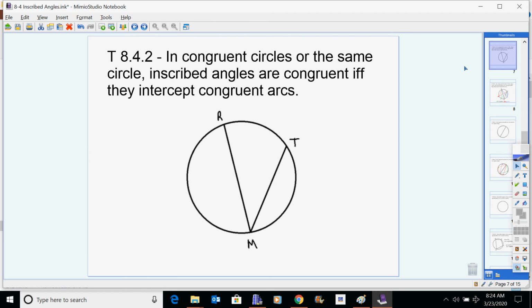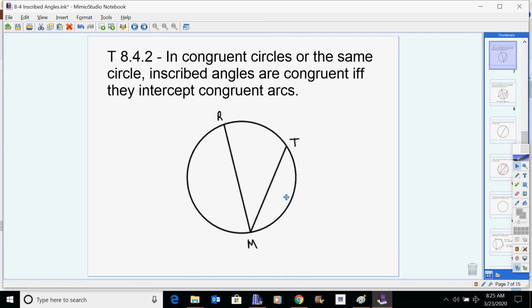We have another theorem. If you have a circle, or a couple of congruent circles, this goes along with that little thing I was just pointing out. Angles that are inscribed will have to be equal as long as they are intercepting the same arc. So you could draw millions and millions in here. If I went across here, I'm going to get another angle that's congruent.